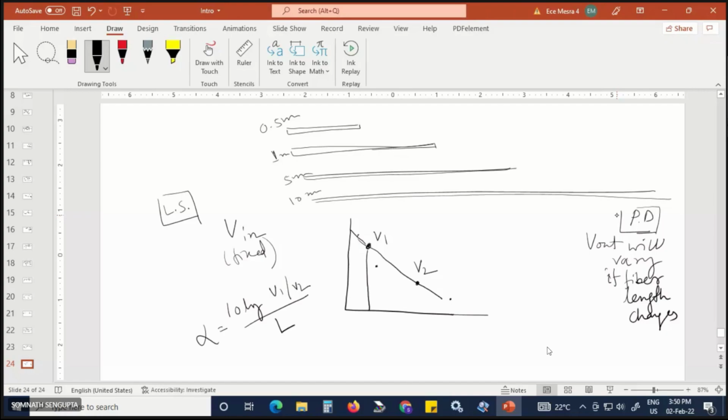This length is the difference, delta L. This is length versus output voltage. So this comes out to be dB per kilometer or meter. This way you have to do the second experiment.